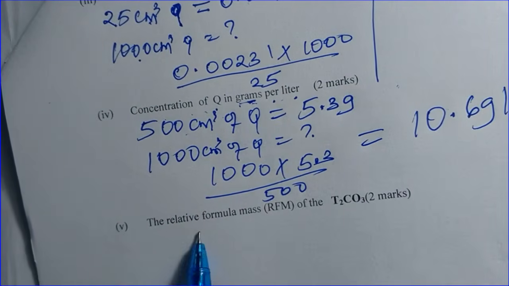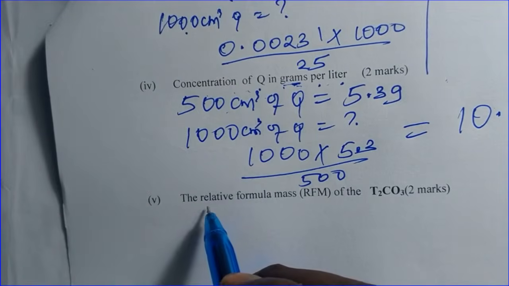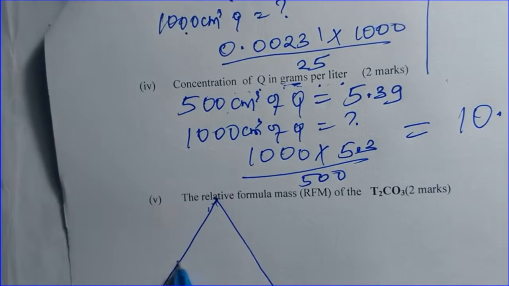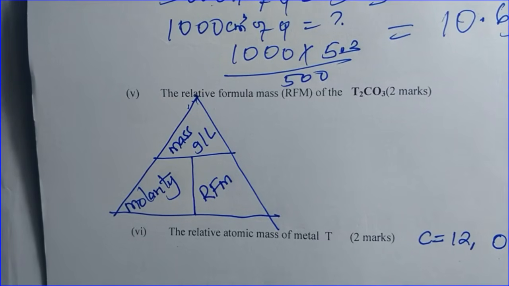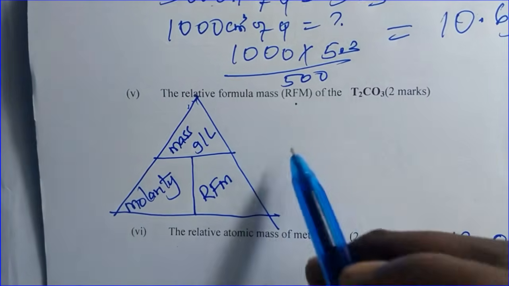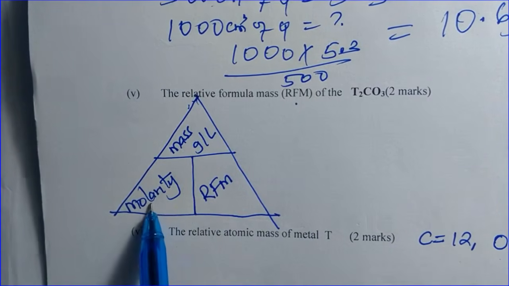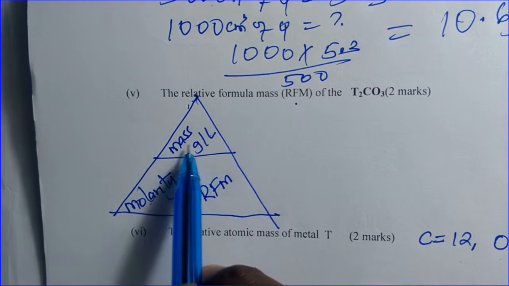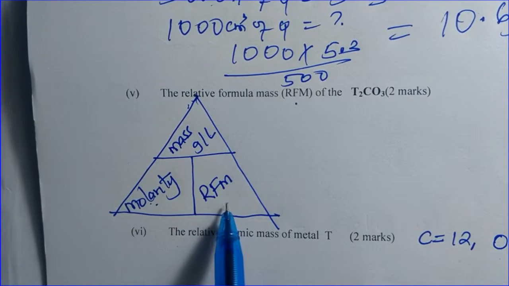The relative formula mass, RFM. RFM, use the triangle. To calculate the RFM of a given substance, you use this formula: molarity, mass in grams per liter, RFM. So if you have the mass in grams per liter of that substance, you have the molarity, RFM is very simple.